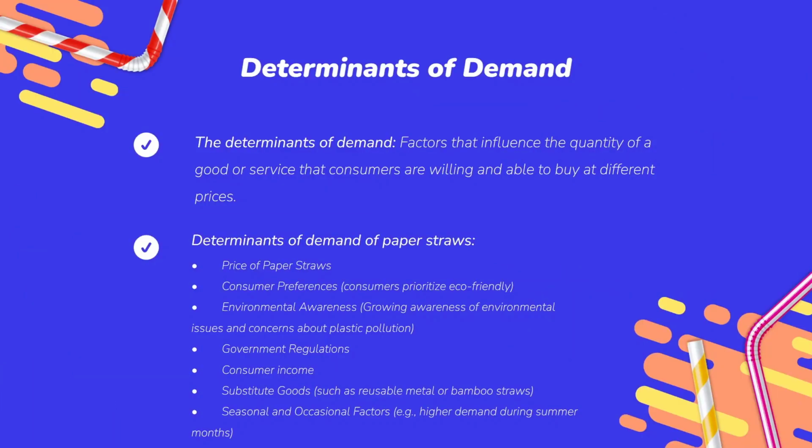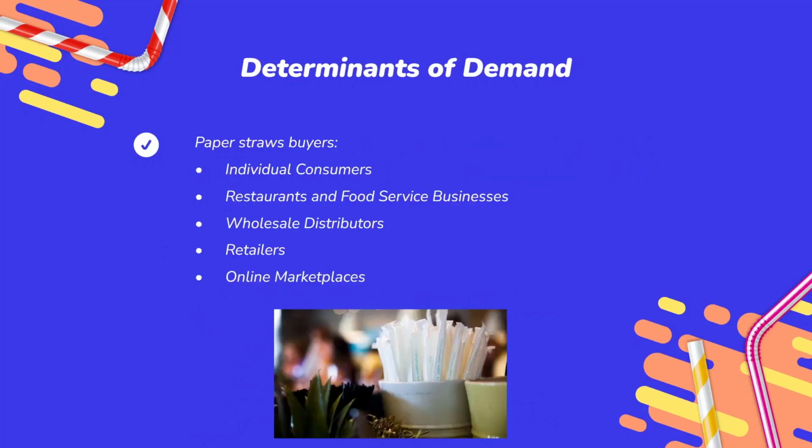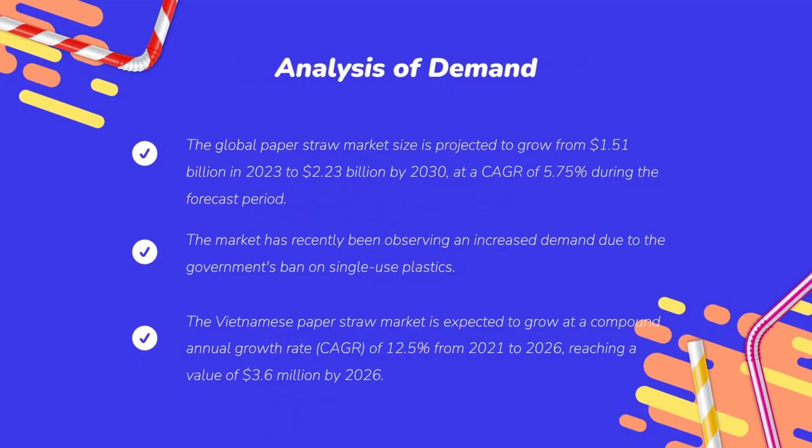The determinants of demand are factors that influence the quantity of a good or service that consumers are willing and able to buy at different prices. Take paper straw buyers for example. The determinants of demand are individual consumers, restaurants and food service businesses, and retailers.